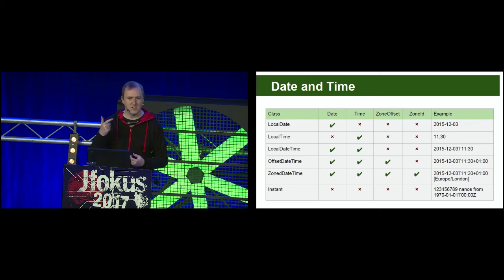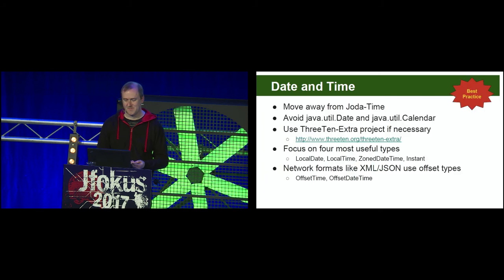So that's the offset, it's the 1 hour. But if you want to represent the fact that time changes from wintertime to summertime here in Stockholm, you need the time zone, you need ZonedDateTime. So that's the difference between OffsetDateTime and ZonedDateTime. And an Instant, well, that's just a point in time.